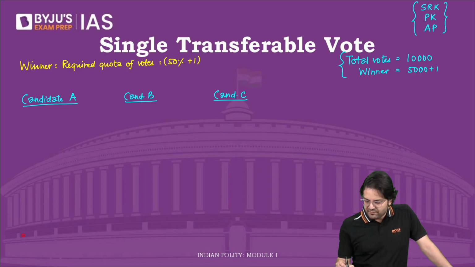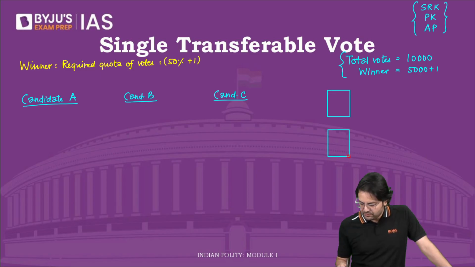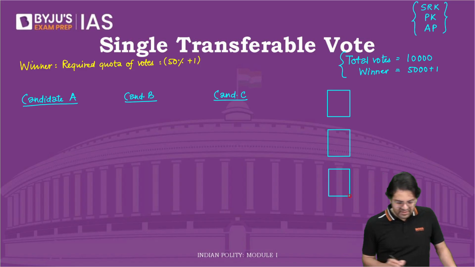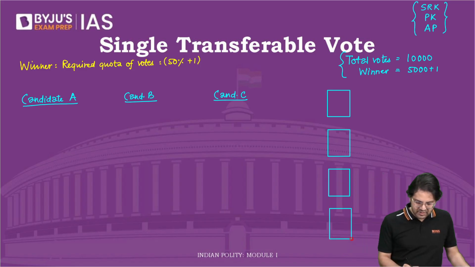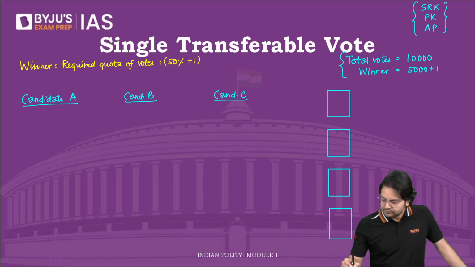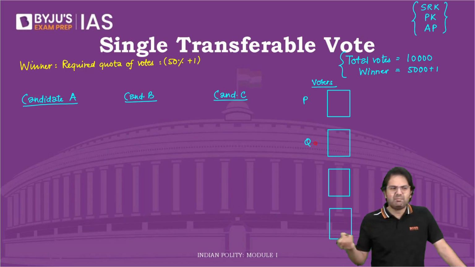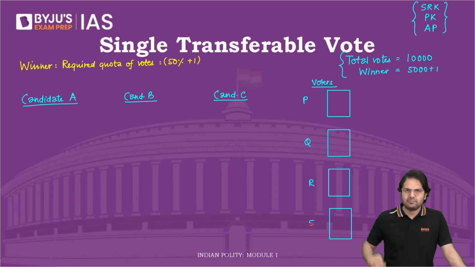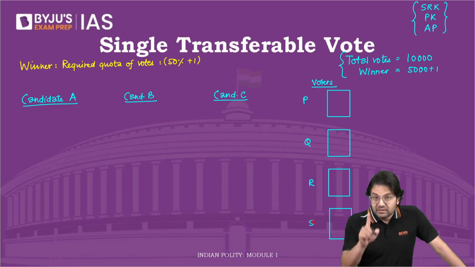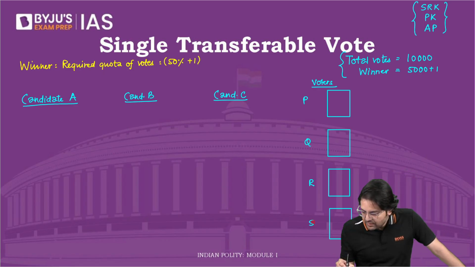Let's say we have various voters who are given a ballot paper. Voters are given what? Ballot paper, yes or no? So these people are all voters: P, Q, R, S. Some people, MLA, MP, we don't care. Three candidates, A, B, C.